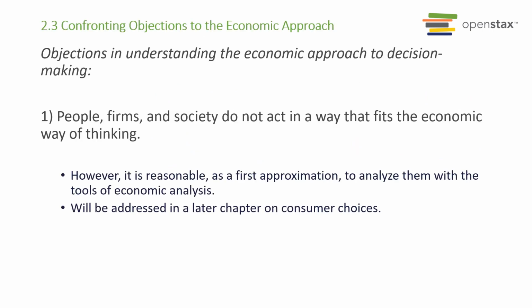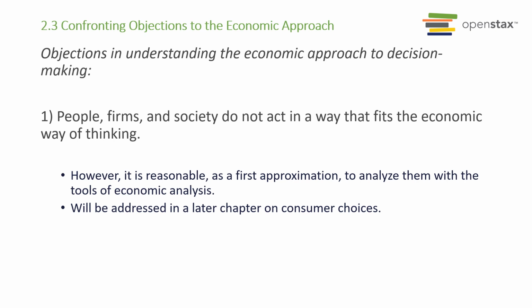All right, so the last topic I'm going to talk about is the objections to this economic approach. When economists think about what we should do for individual consumers, individual businesses, or the country as a whole, we're comparing our marginal benefit, our marginal cost, our utility, our law of diminishing marginal returns, all this information we just mentioned.